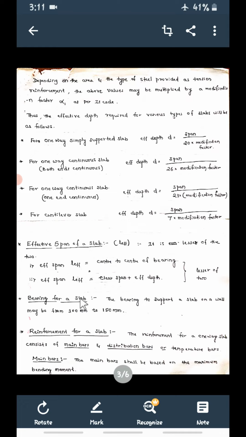The modification factor is nothing but KT, which we used in the previous case.